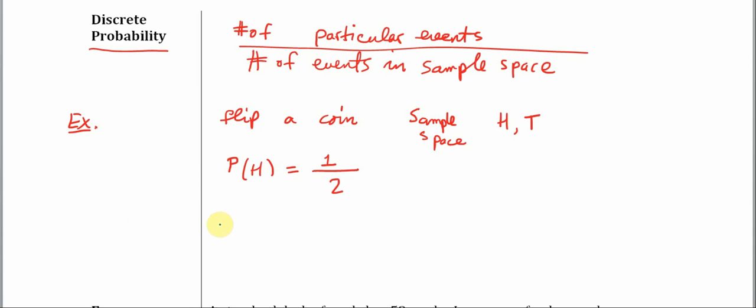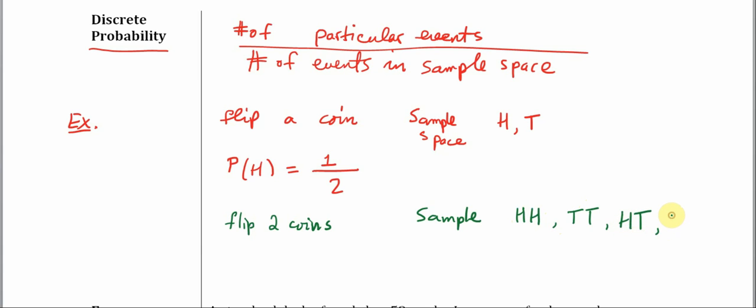Let's look at another one that's a very common scenario. What if I flip two coins simultaneously? Well, what is my sample space? You could get two heads, you could get two tails, the first one could be a heads and the second one a tails, and the first one could be a tails and the second one heads.